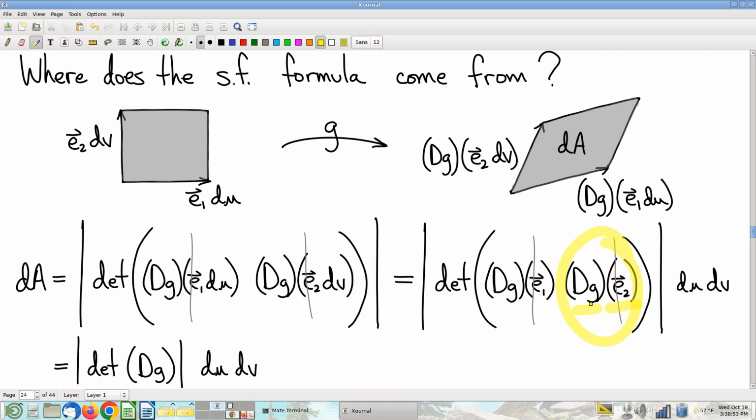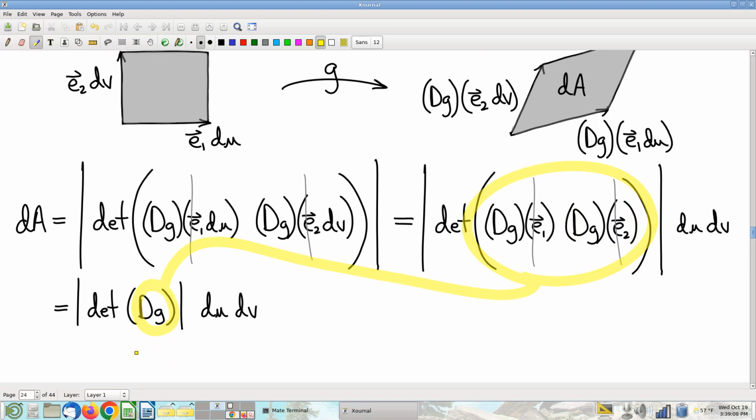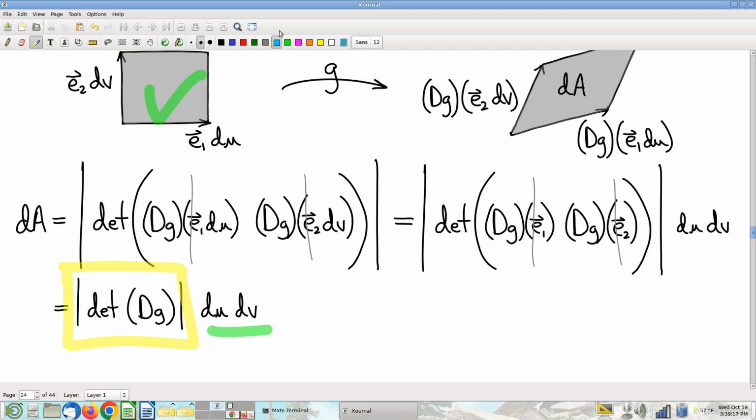It has the same second column as DG. It's DG. That makes sense to everybody? It's a slick little move there. So all of this is DG. And we win. This recovers what we wanted, that the stretching factor, the thing that you multiply by the input area to get the output area, is the formula that we previously claimed.